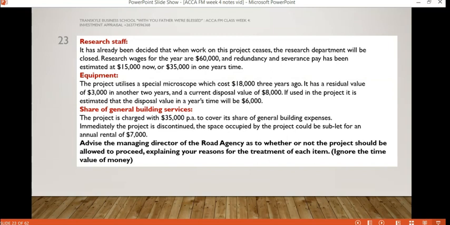Research staff. It has been decided that when the work on this project ceases, the research department will be closed. Research wages for the year are 60,000. And redundancy and severance pay has been estimated at 15,000 now, or 35,000 in 1 year's time. So let's start with the 60,000 research wages.